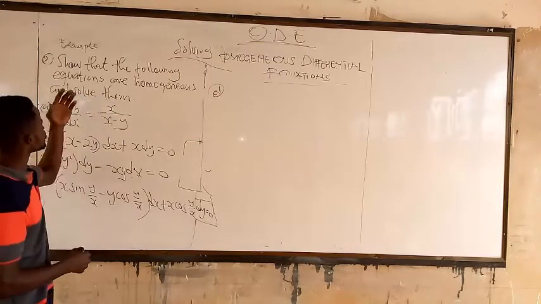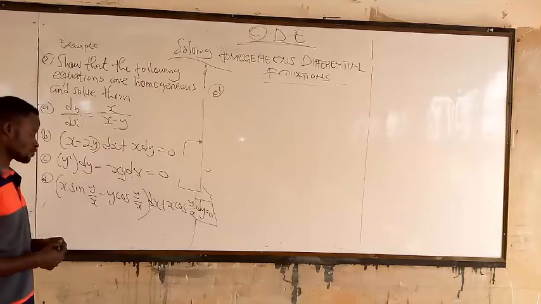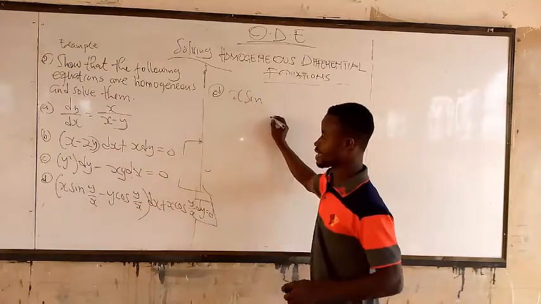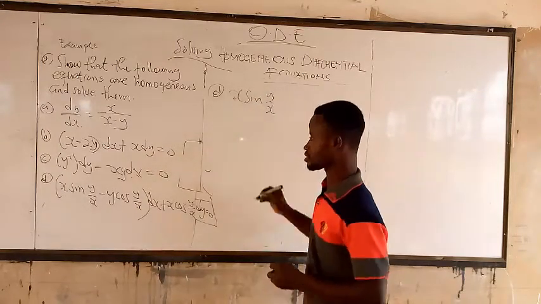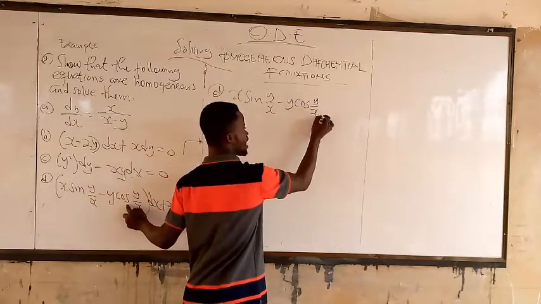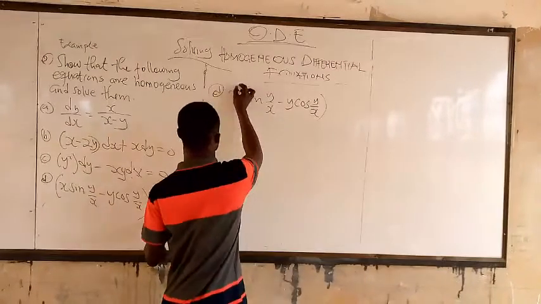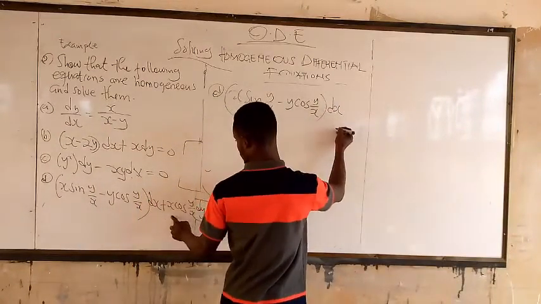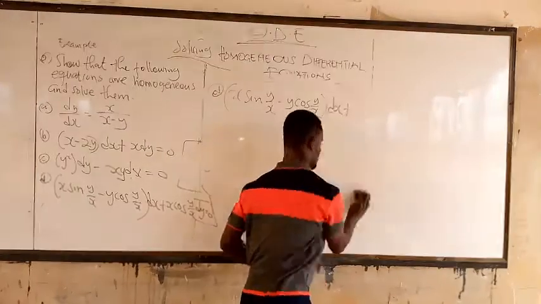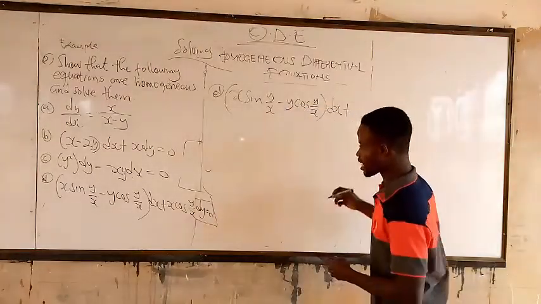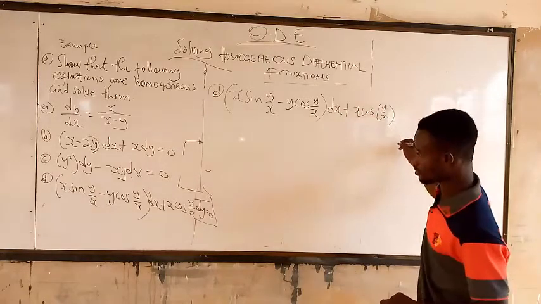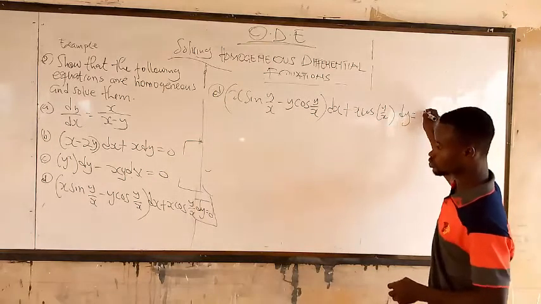Now, we have to show or verify before we solve. So let's continue. So we have x sine y over x minus y cos y over x dx plus x cos y over x dy to be equal to 0.